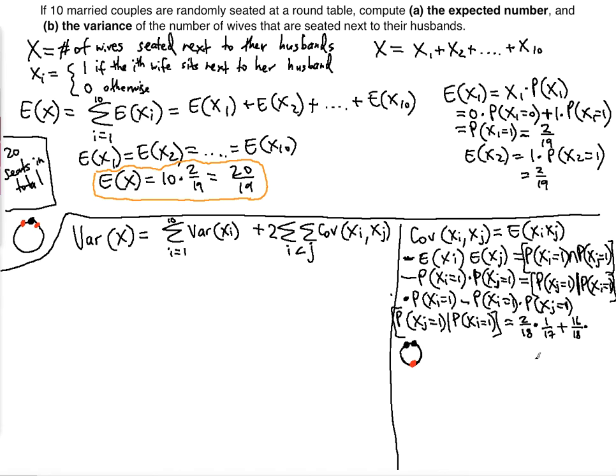Now for the husband, he can sit in any of the 2 seats around his jth wife now, right? So it's going to be 17 seats available, and 2 of them are next to his wife. So it's going to be 2 over 17 this time, right? So the 2 separate cases, if you do the algebra right, yield 1/9.